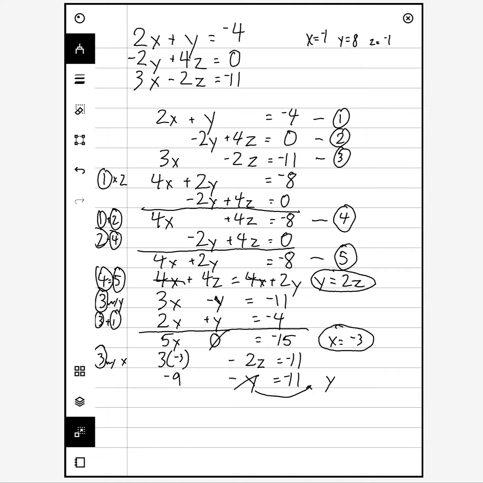So plus y, and then plus 11, so plus 11, cancel that. Okay, so that means y is equal to 2. And then we know what y is equal to, so that means that z would be equal to 1.